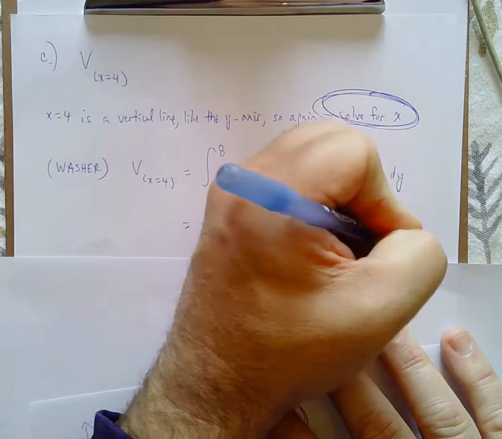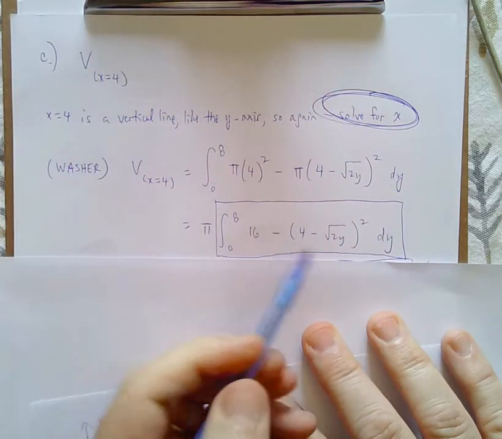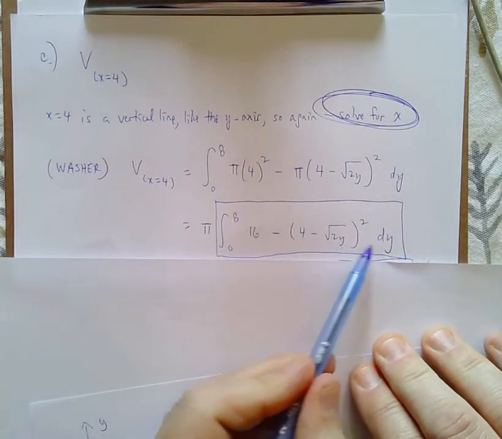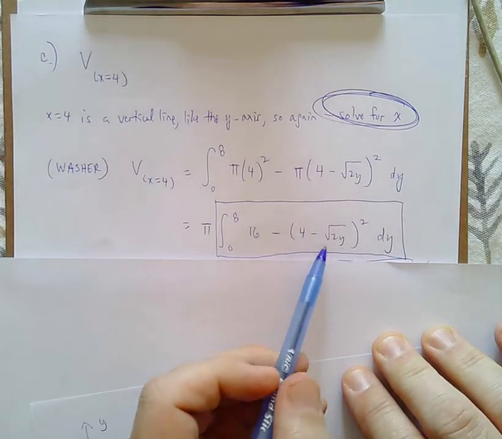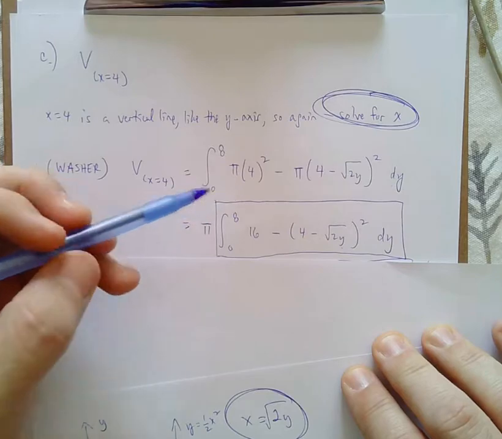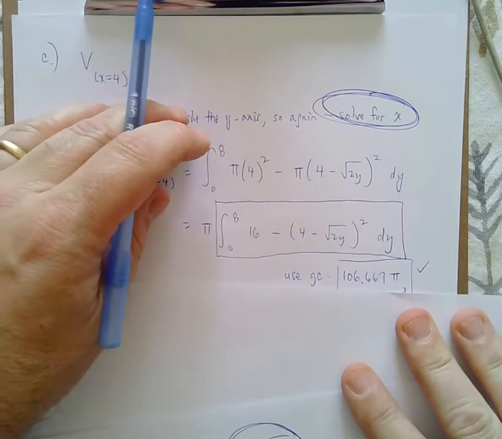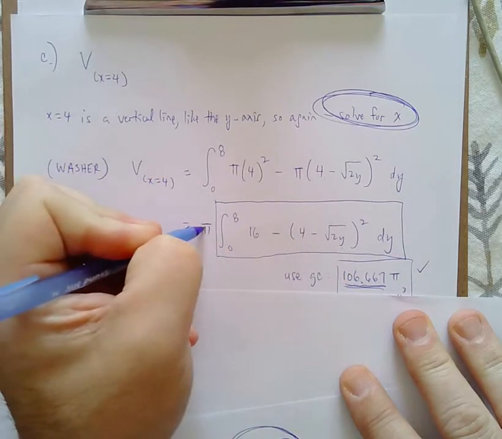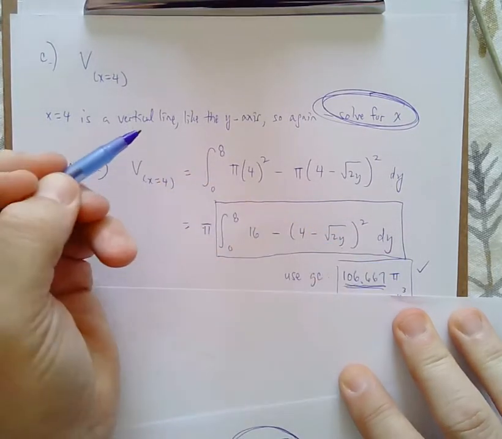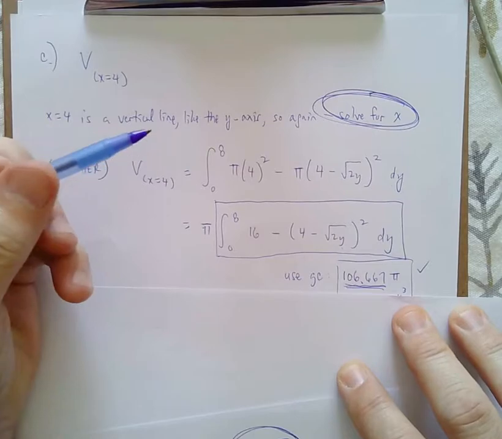Type in x instead of y, even though you mean y. I know that's a little bit tricky to do virtually, but use your calculator and see if you get the answer. You should get 106.667, and then you bring back the pi. That's how you do that problem.